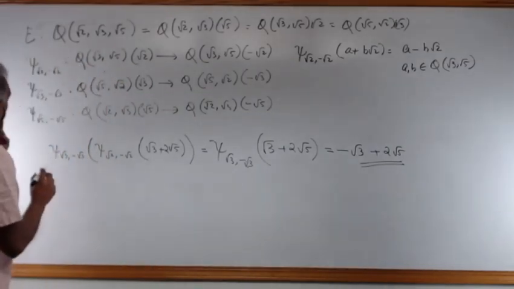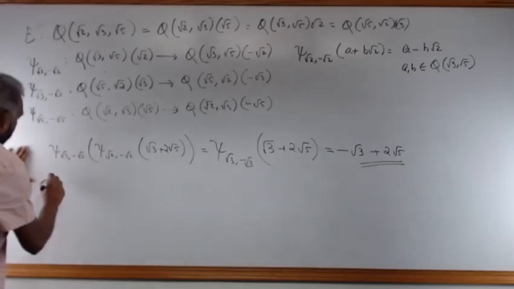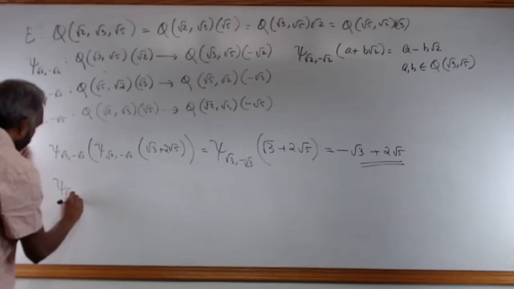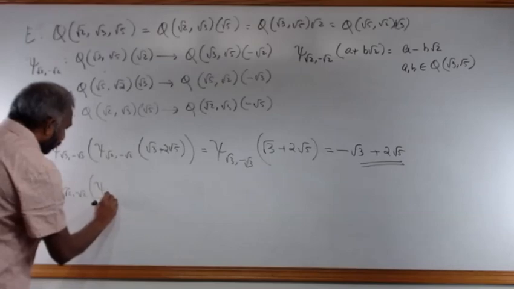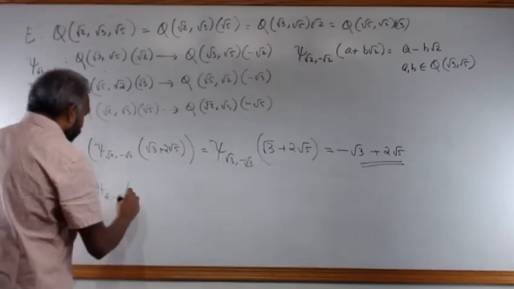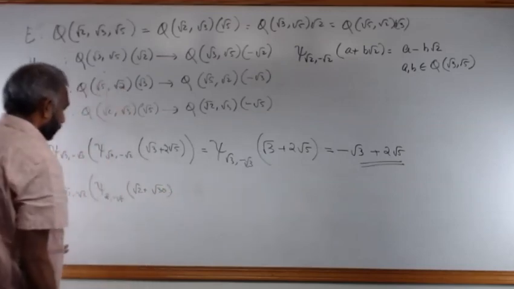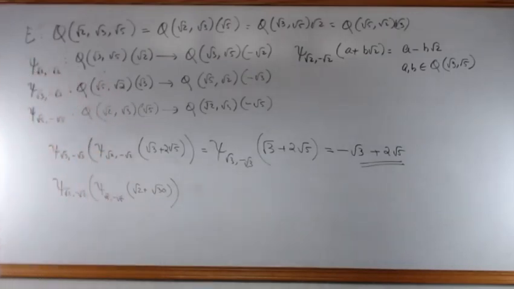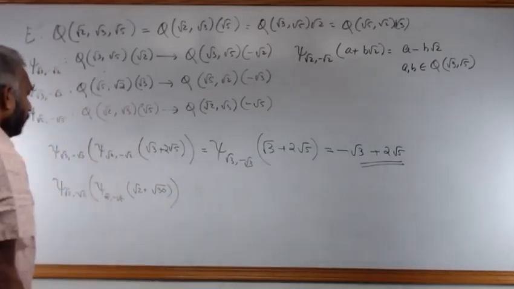We will do one more of a slightly different type. Let us say we want to find psi of root 2 comma minus root 2 of psi of root 5 comma minus root 5 of root 2 plus root 30. So what is this?